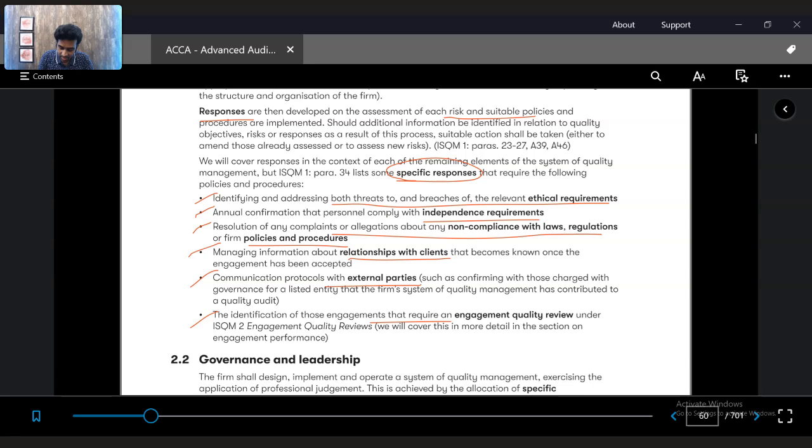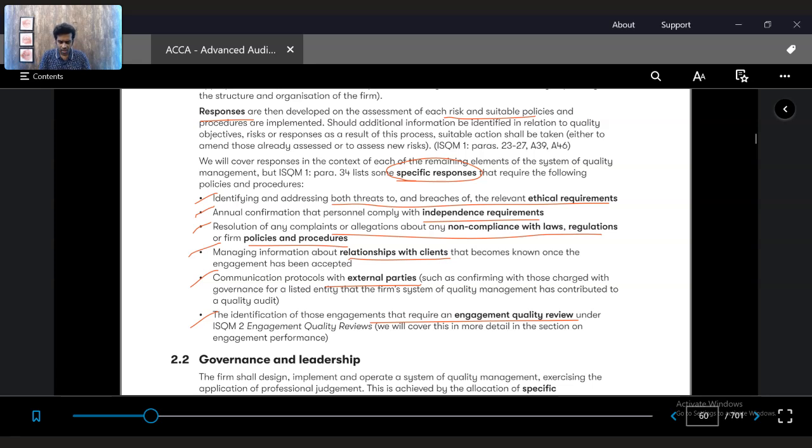Identification of those engagements that require engagement quality review. So when you do a KYC, definitely if the company is a public limited company or a public interest company, or the company is huge, you will identify that it requires an engagement quality review, which means there has to be an additional partner, not just one partner who signs off on the engagement, but an additional partner who will review the work of the engagement partner and sign off on the quality matters, whether the audit processes and procedures and significant judgments are conducted the way they are supposed to be conducted.